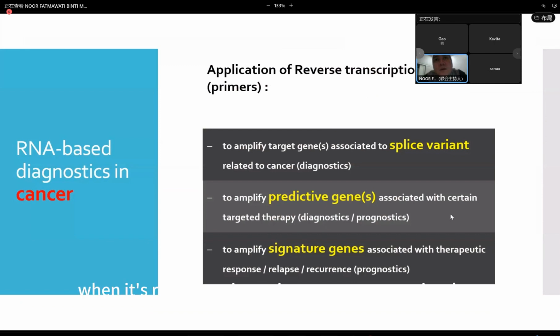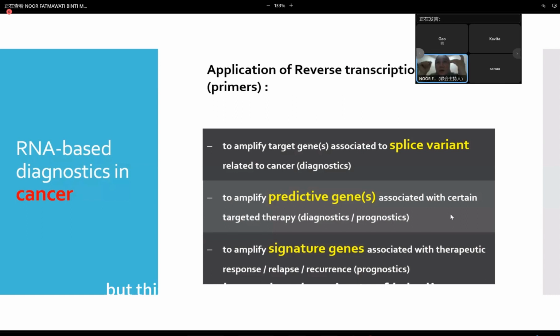So when it's RNA detection using reverse transcriptase real-time PCR, what are the applications? You want to detect RNA. You need to decide whether to use primer, probe, or guide RNA for your detection.